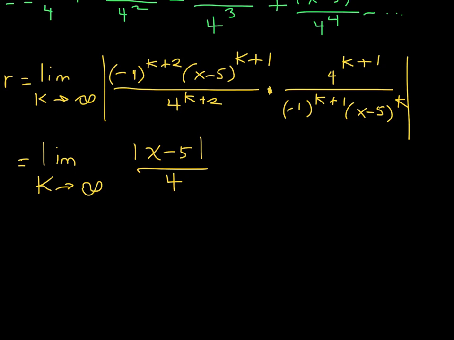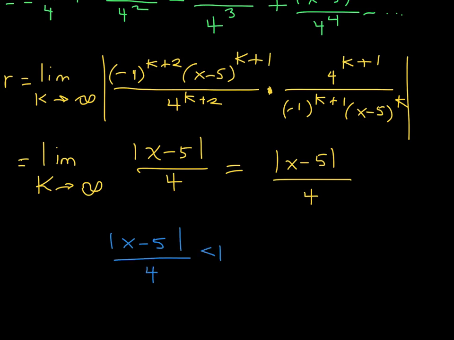And the thing is, you and I know that, first of all, no more k's at all. So then this is the limit. This is what this is equal to. Anyway, we know that the power series converges absolutely only when this is less than 1. So it converges absolutely only when the absolute value of x minus 5 over 4 is less than 1.